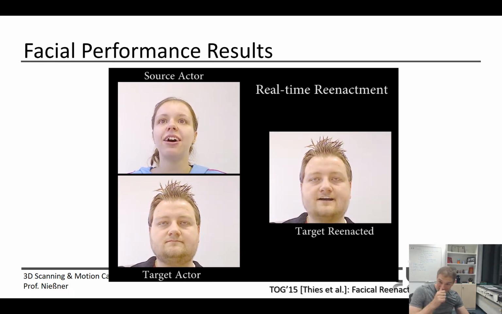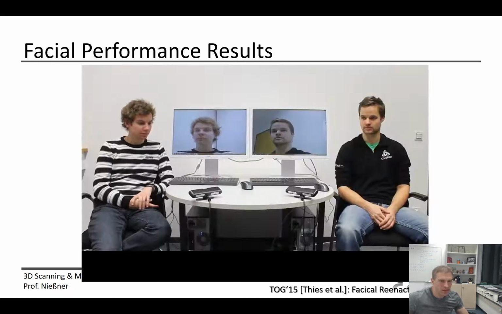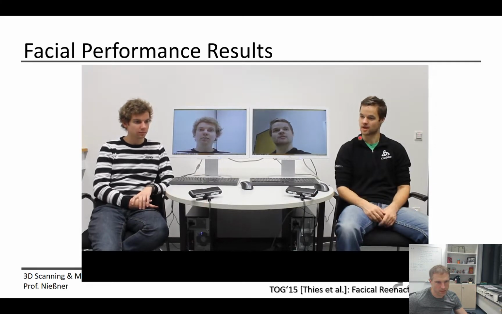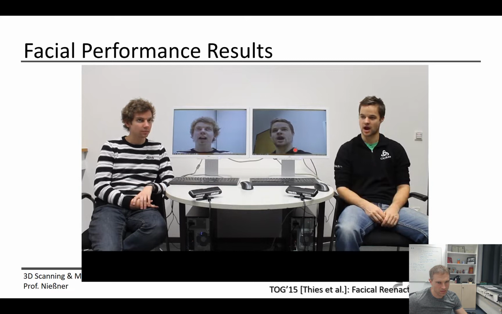Okay, the nice thing is this runs in real time. So now you can do stuff like this. Here are two Prime Sense sensors. These are RGB sensors. They're reconstructing both faces. He's talking, it's his video, but his expressions are being transferred to him right now, right?